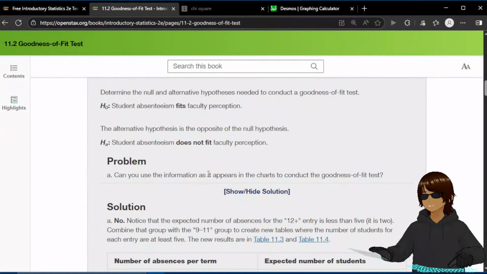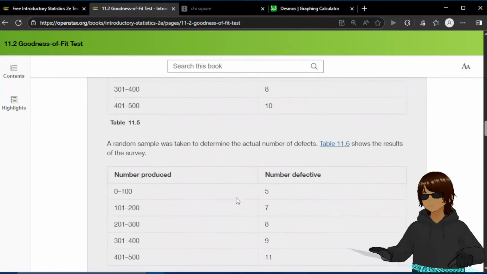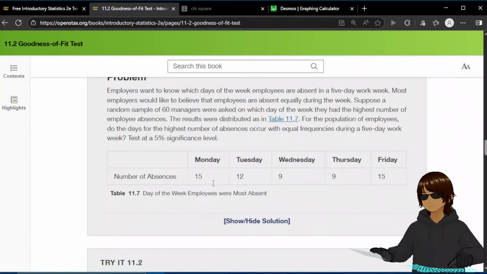I don't understand this point. Suppose a random sample of 60 managers were asked on which day of the week they had the highest number of employee absences. The result is shown here.